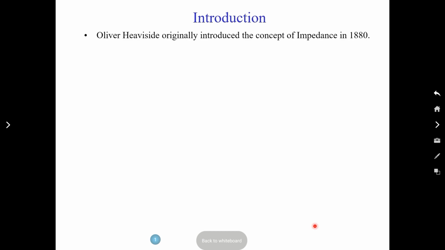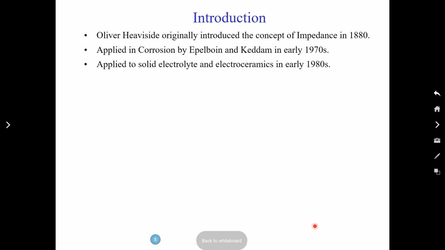So with respect to a little bit of history, it was actually the corrosion community, one of the very first communities to use this technique of modeling corrosion. So some of the examples that I'll show you relate to corrosion. The electroceramics community came in late 1970s or early 1980s.